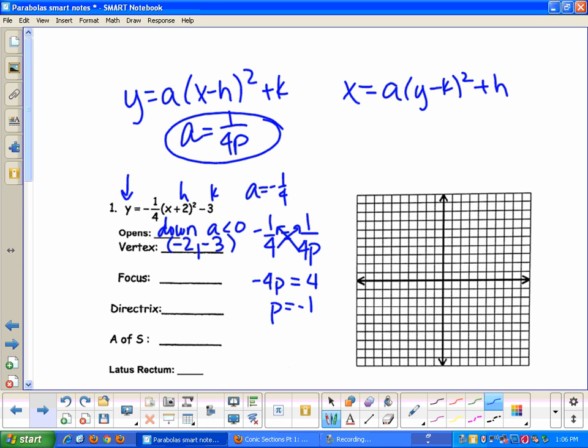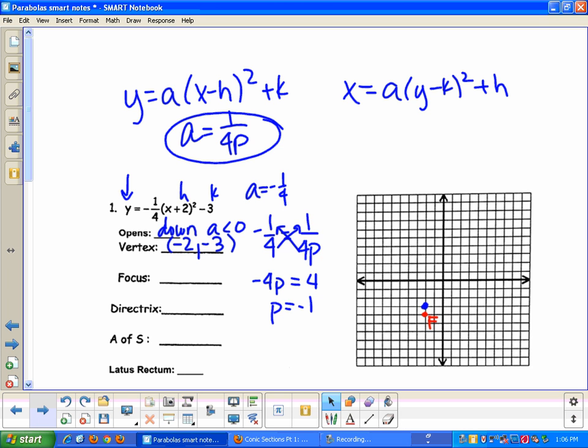So the next thing I would do is go ahead and graph the vertex. So I have -2, and down 1, 2, 3. Since my parabola is opening downwards, I know the focus is always on the inside of the parabola, and it's in line with the vertex. So that means that since it's a distance of -1, I'm going to go down 1. So this point right here is going to be the focus.